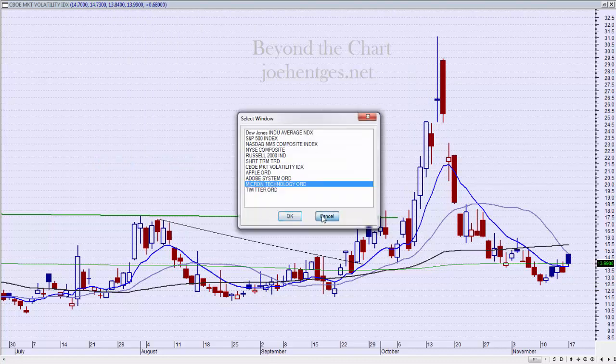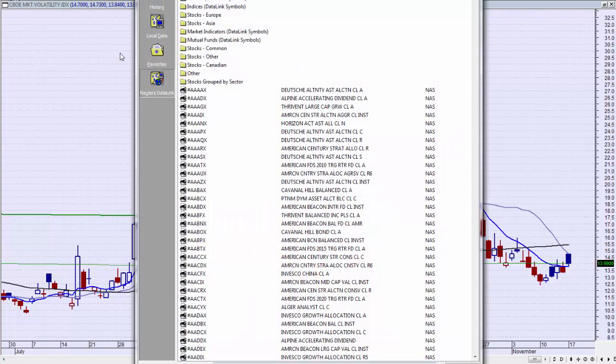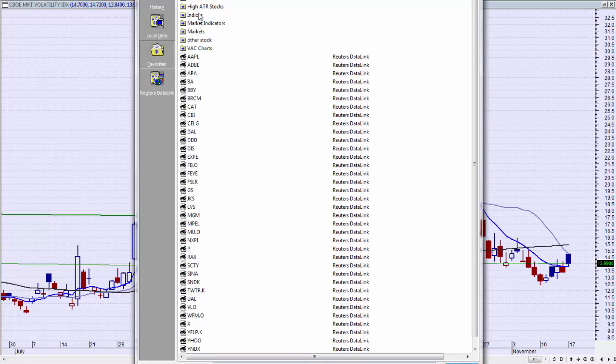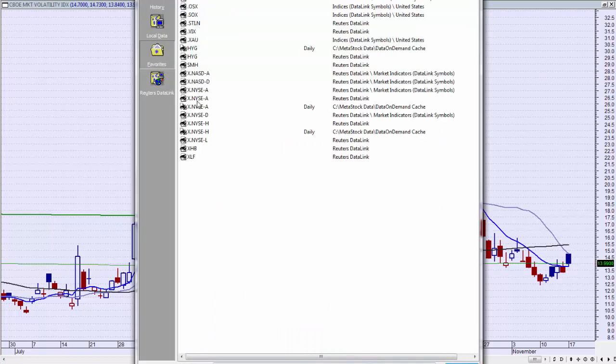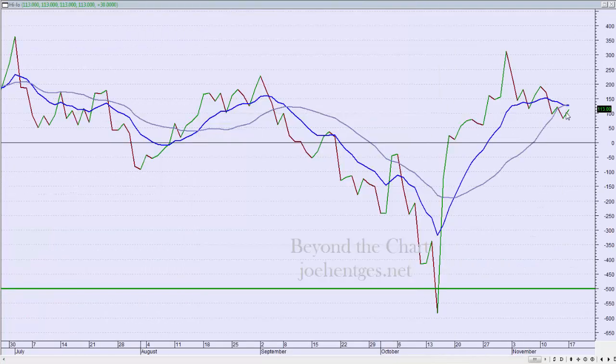Seemed like I had something else. You know what I'm missing? I'm missing the high-low indicator. Let me find it. It is here. Okay. So the high-low today, 113 more net new highs versus new lows. And the 10-day has just started to cross below the 21.